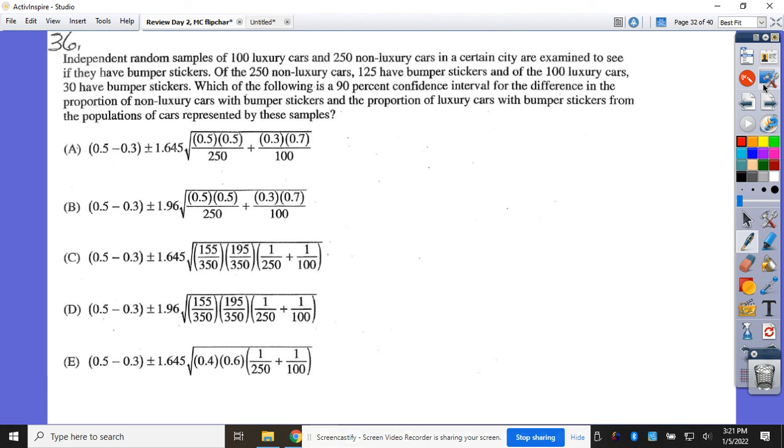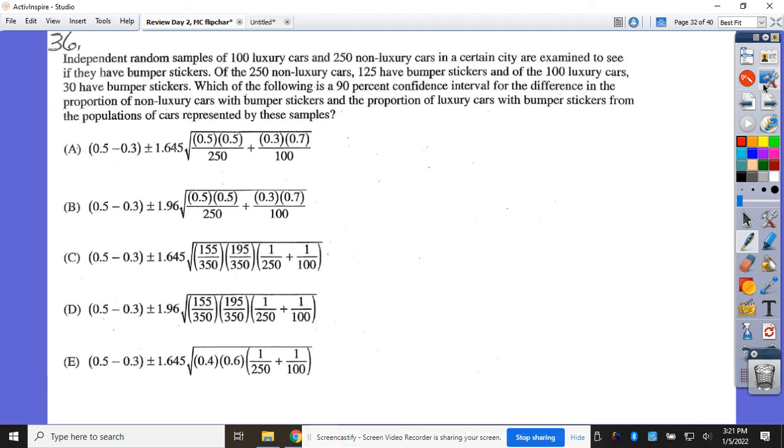Now, this one, I'm just going to look at and never do any math and get to the right answer, and then we'll go back and do it. Again, like I said, I always glance at the answer choices so that I'm not dealing with more than I need to. What's very obvious about those answer choices? It's definitely an interval.